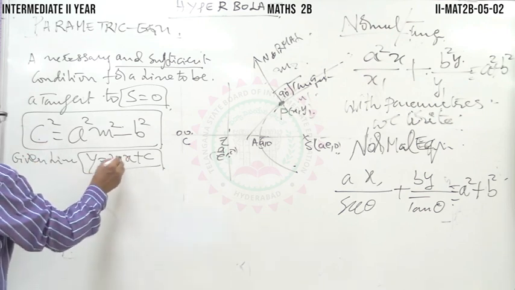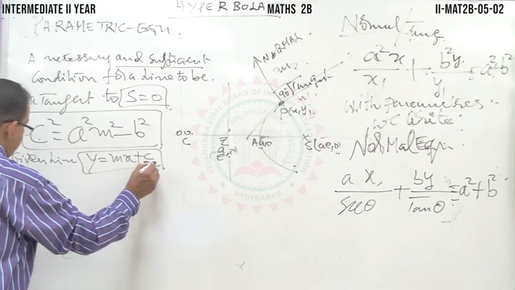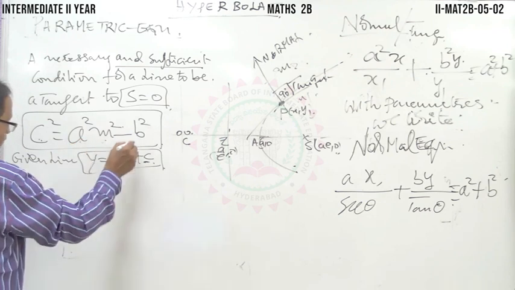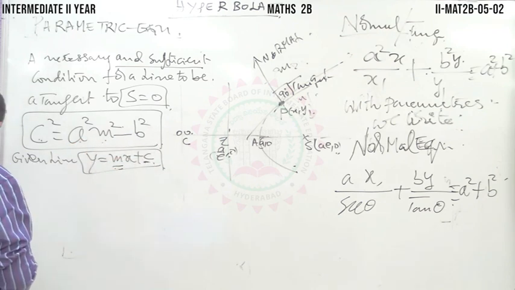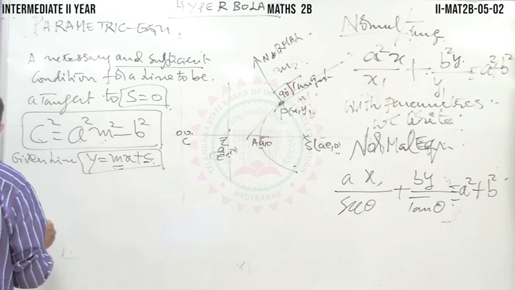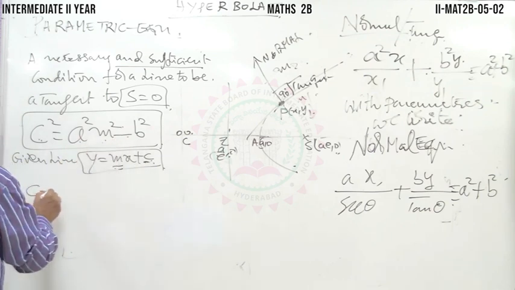You can write this in the form of c square, the constant part. c square is equal to a square into m square, the slope square, minus b square of the hyperbola. Then you can also write the c value as you have seen. c square is equal to a square m square minus b square, so what is the c value?